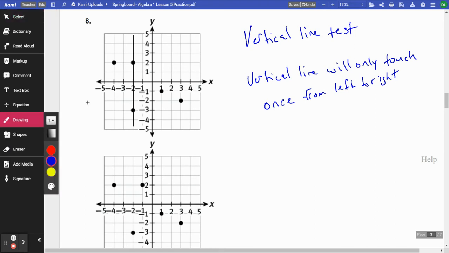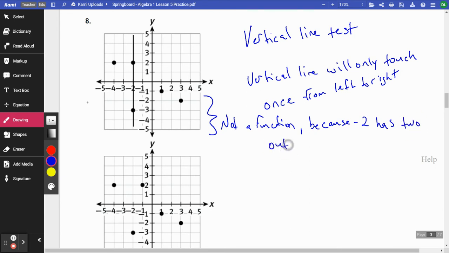So this graph here is not a function, because -2 has two outputs of 2 and -3.